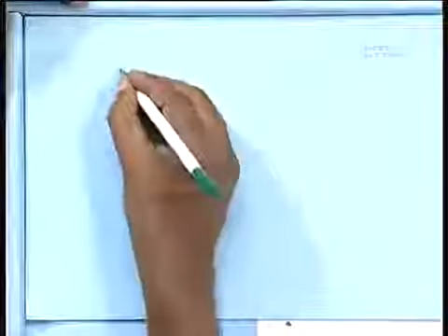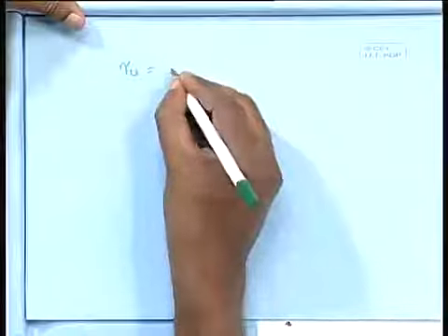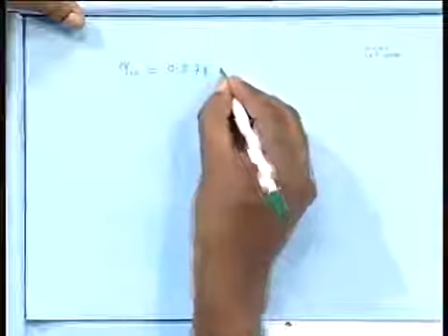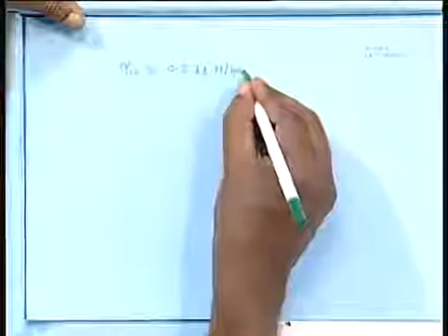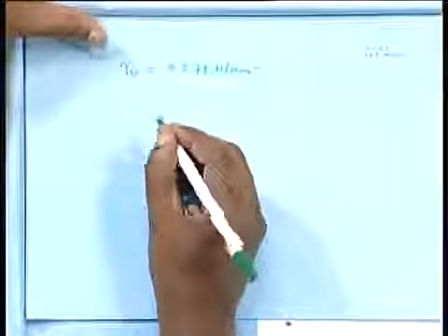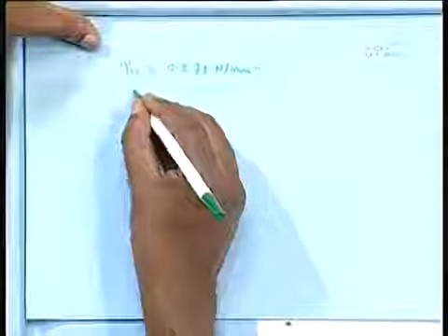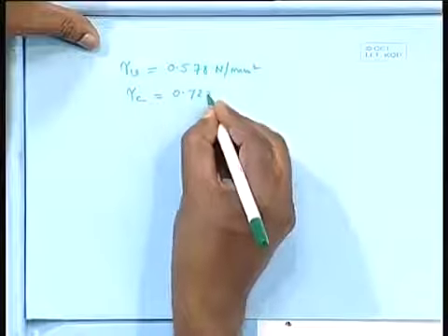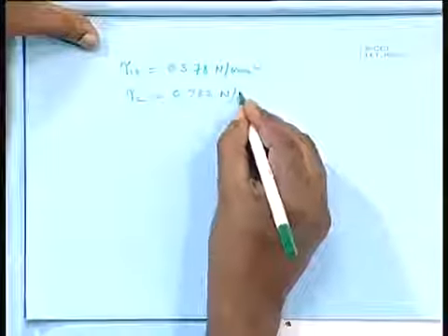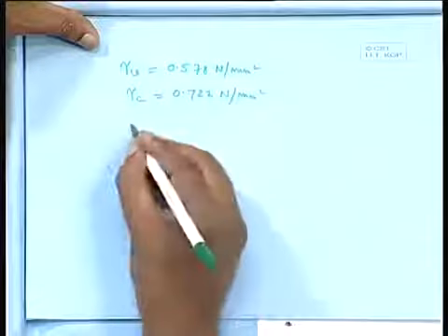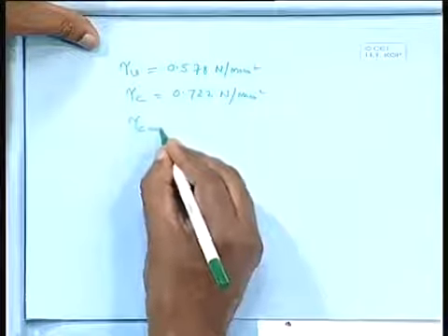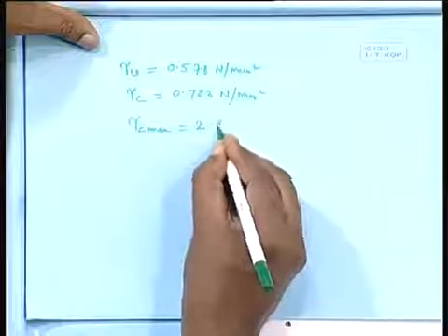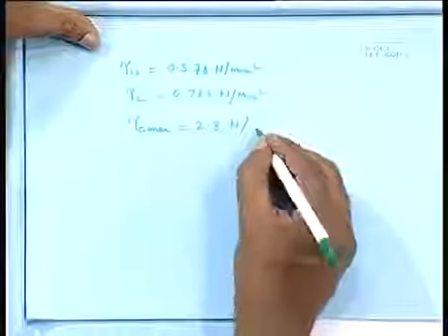So if we write down, tau V 0.578 Newton per square millimeter, tau C computed 0.722 Newton per square millimeter, tau C max 2.8 Newton per square millimeter.